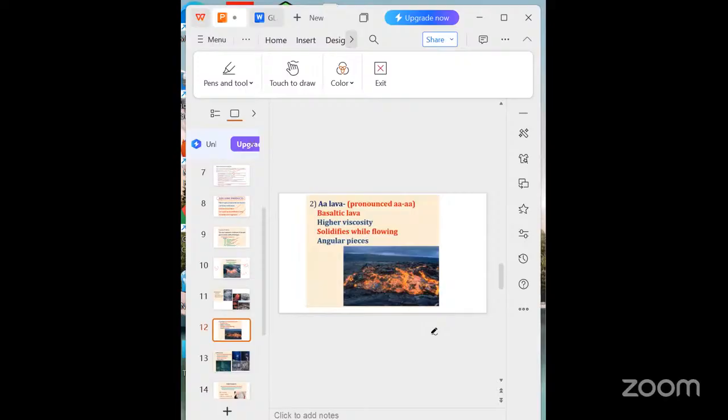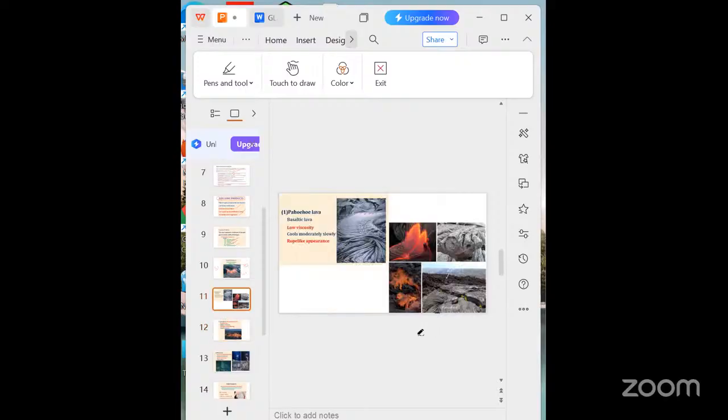And the next one is Pahoehoe lava, right? Pahoehoe lava, which is basaltic lava, which has a low viscosity. It cools moderately slowly and has a rope-like appearance, right?